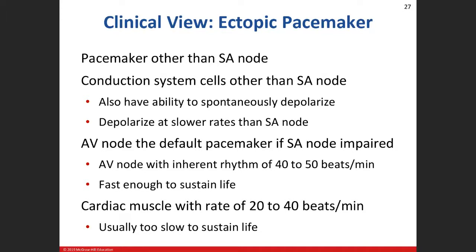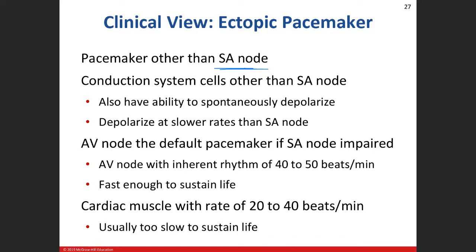But in a certain situation, if it gets damaged, or for whatever reason, you might have nodal cells located somewhere else. It might be in another area of the atrial wall. And that messes things up. So basically, when we talk about an ectopic pacemaker, it means our pacemaker is somewhere other than the SA node. And that's a problem. And so it could be anywhere.